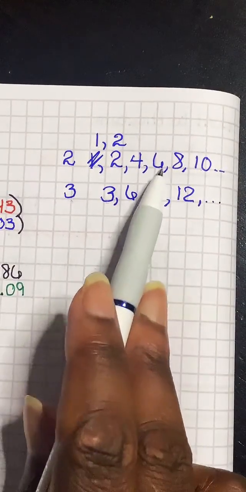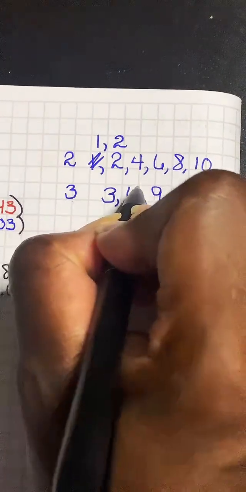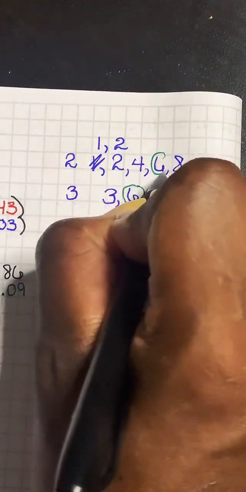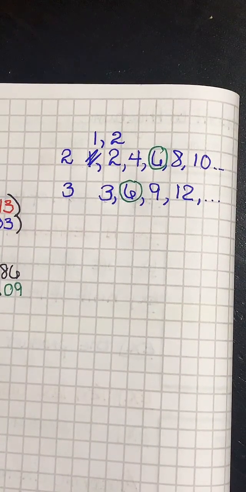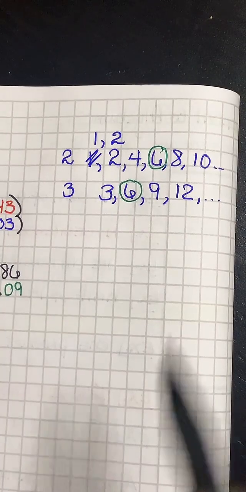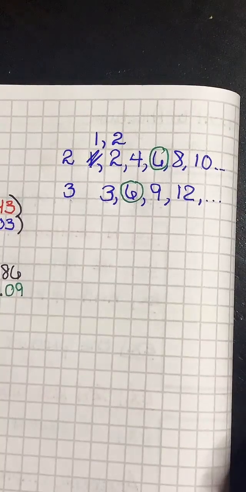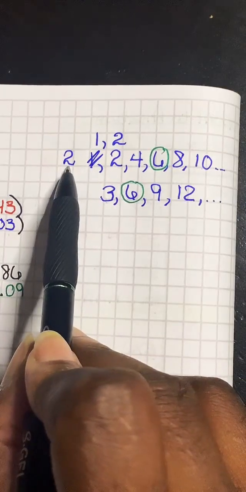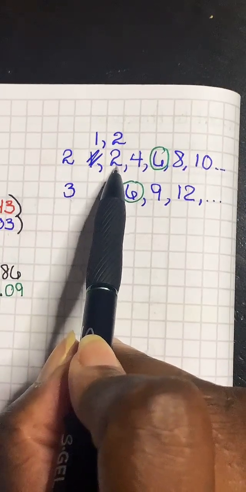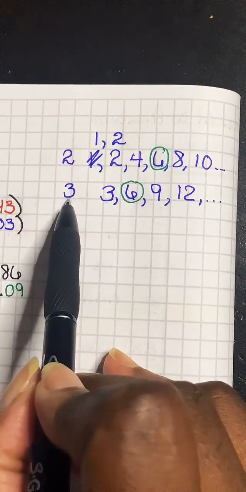What is the least number that they have in common? It's going to be the 6's. Okay. So this is why we want to get the least common multiple. So that means I need the multiples of 2. So the 2 times table. That's 2, 4, 6, 8, 10, 12, etc. Then we need the 3 times table.